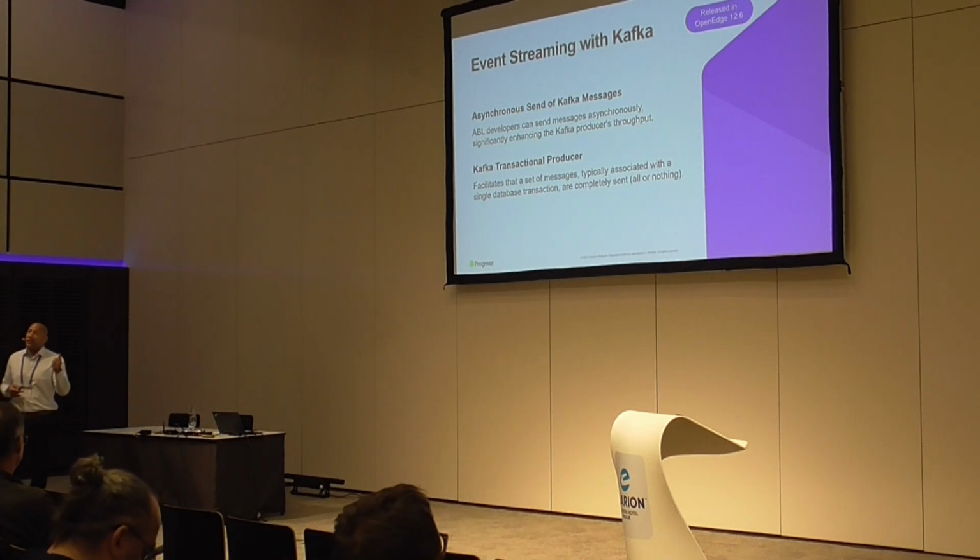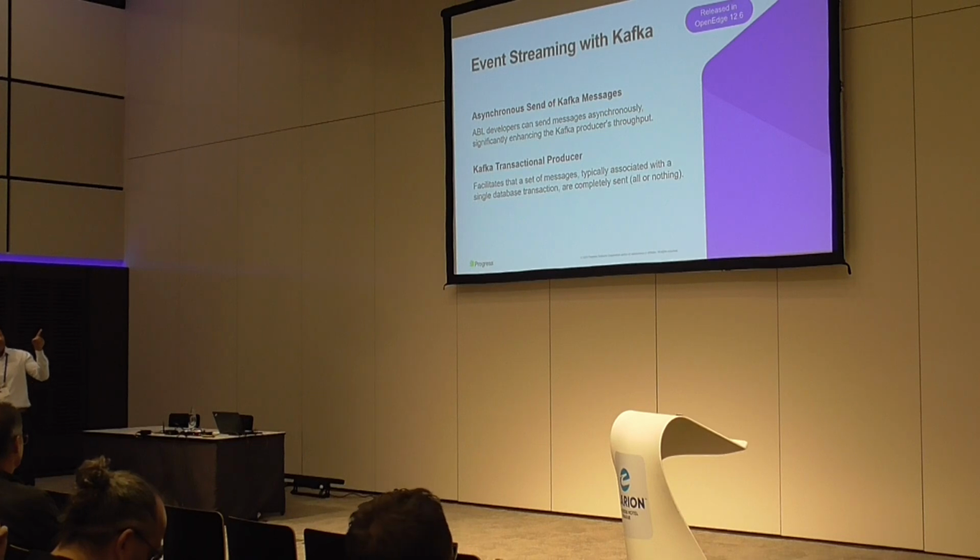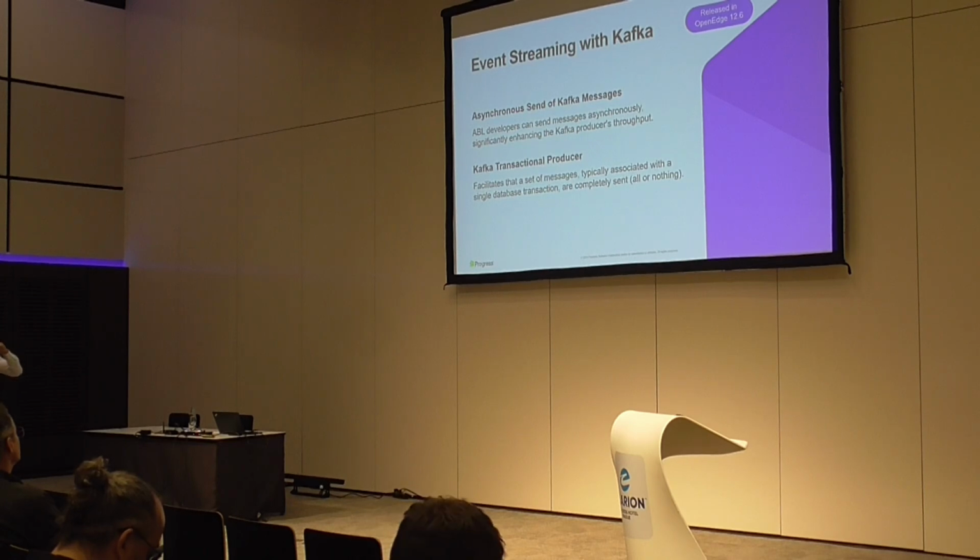And from our testing, your mileage may vary, but in 12.5 we were able to send 100 messages per second, whereas in 12.6, after this enhancement, we were able to send 1,000 messages per second, so pretty quick.